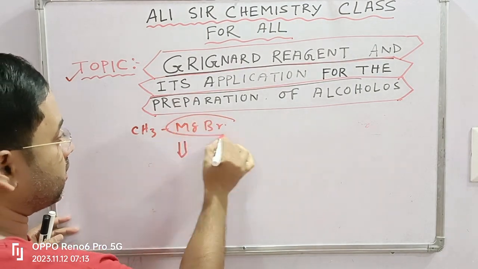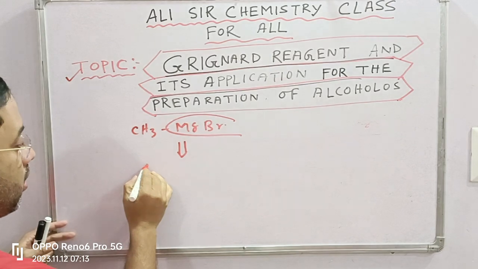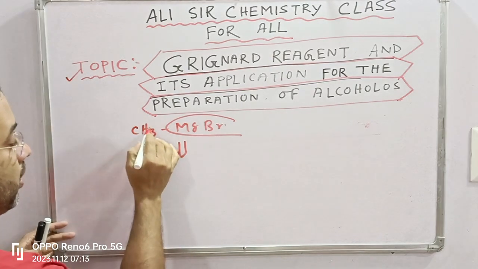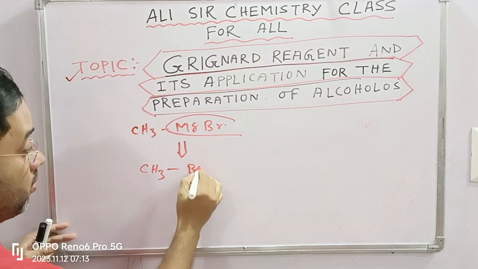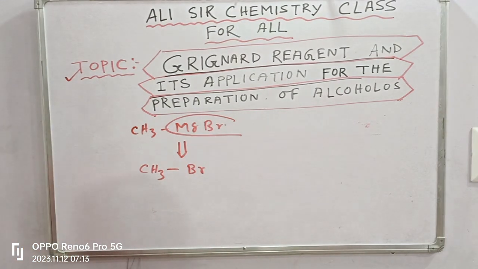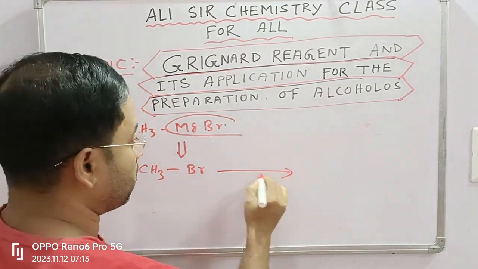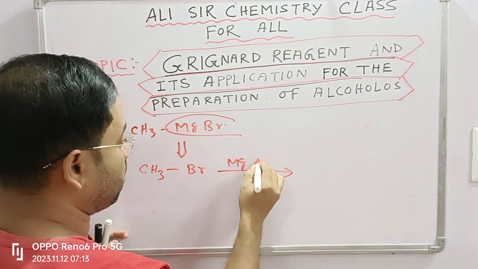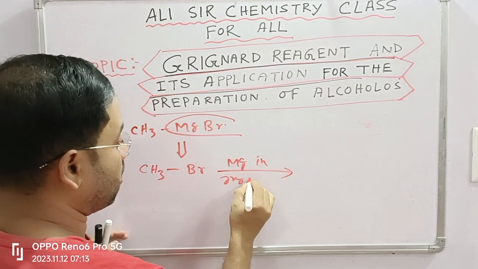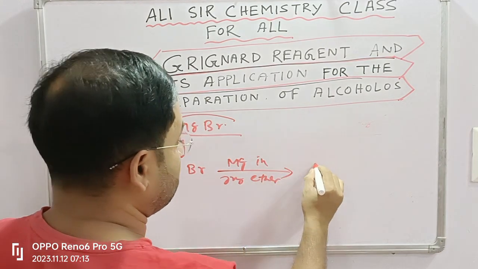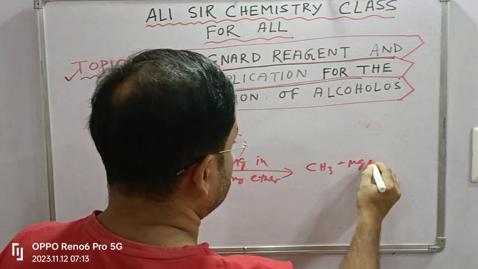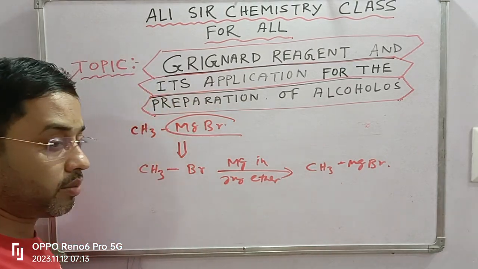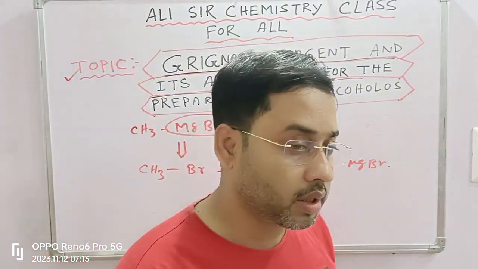You cut this part, and the alkyl part will be the CH3 methyl group, and you write it as methyl bromide. And when methyl bromide is treated with magnesium in dry ether, we get our target Grignard reagent CH3MgBr. So this is a very simple method for the preparation of Grignard reagent.